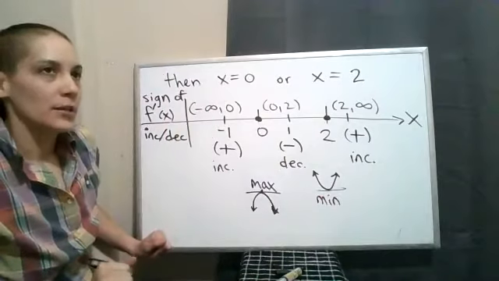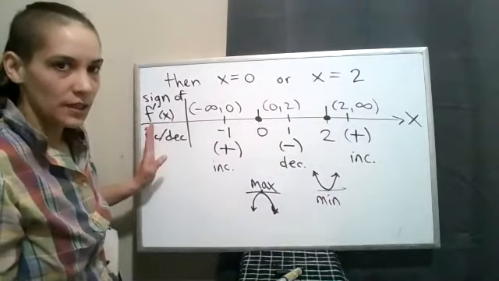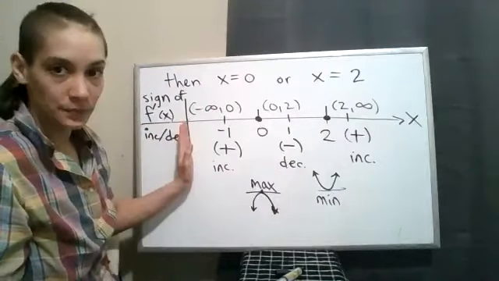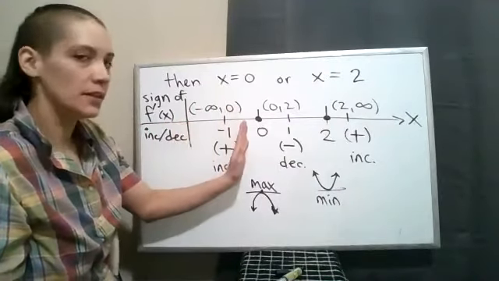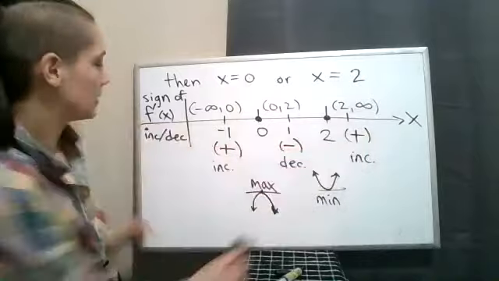All right, so we're ready to answer the question. So we have intervals where we're increasing: negative infinity to 0, and 2 to infinity.